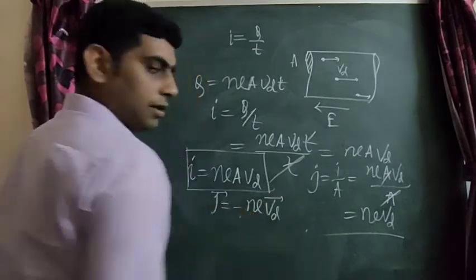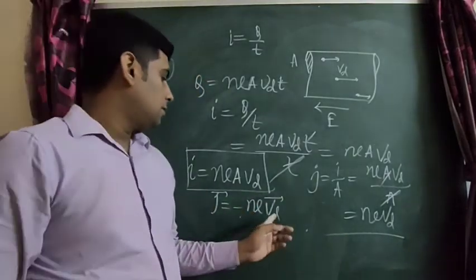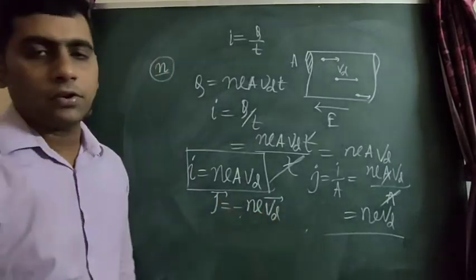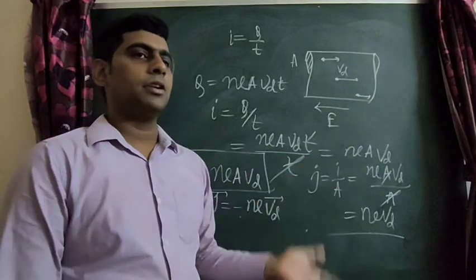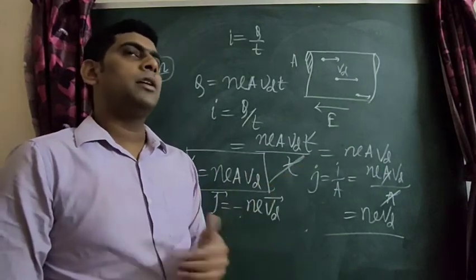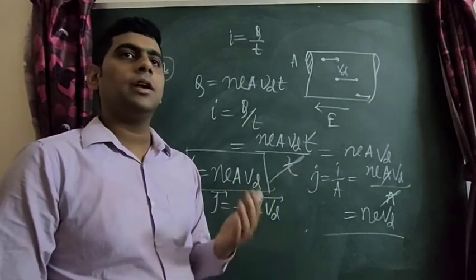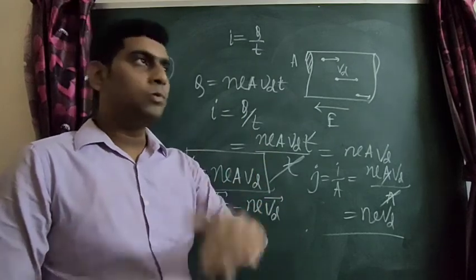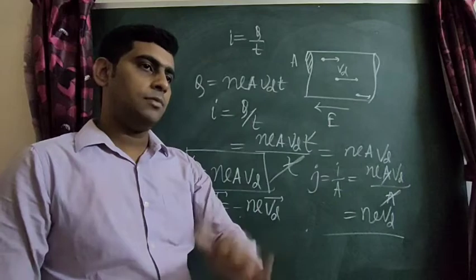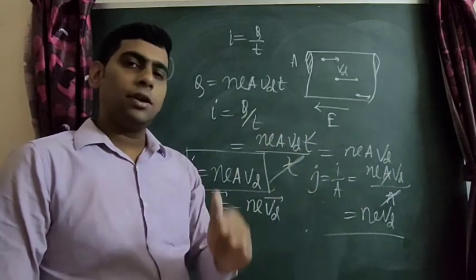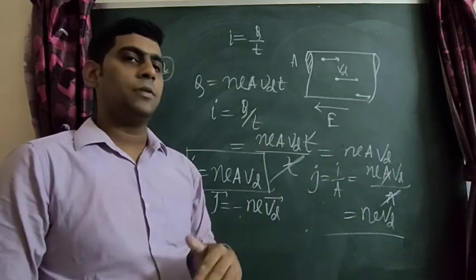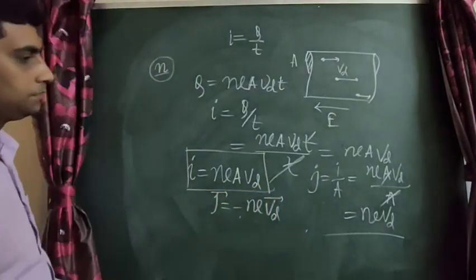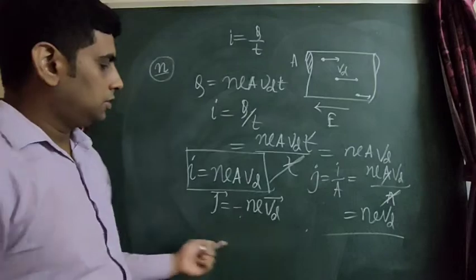This minus sign symbolizes that the direction of flow of electron is opposite to the electric current. Opposite direction. If you go by the conventional direction, electrons are at negative potential, they move towards the positive potential, that is from negative to positive, and electric current is in the opposite direction of that, that is from positive to negative, higher potential to lower potential. So I hope this one is clear.